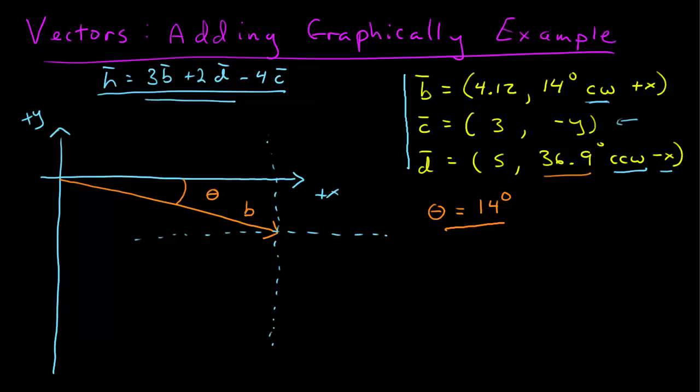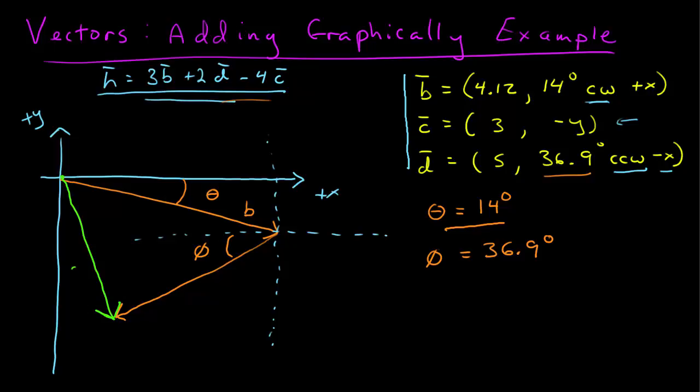Then I can put the tail of d there, and it's going to be off in this direction, where this angle from the negative x-axis is phi, and phi is 36.9 degrees. So I want to find the resulting vector of 3b plus 2d before I add negative 4c to it. I'll just call this a.